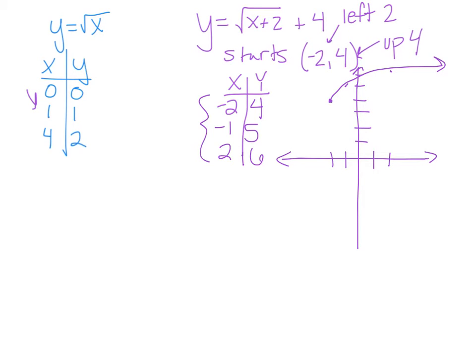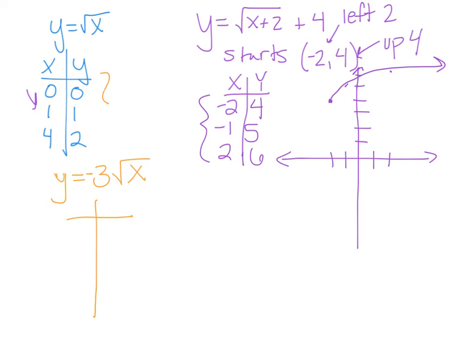Okay, another one. Let's say we have y equals 3 times the square root of x. That a tells us it's opening up. But actually, let's make it negative 3 times the square root of x. Everything is going to be multiplied.